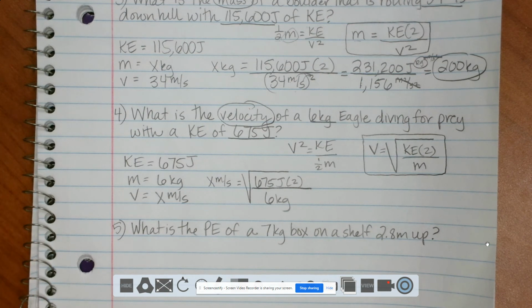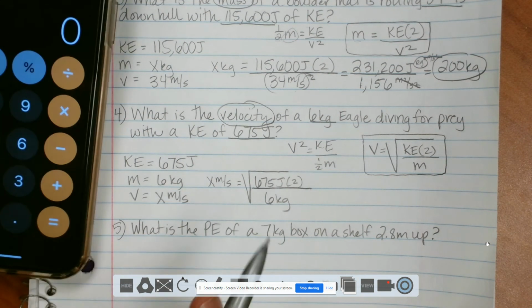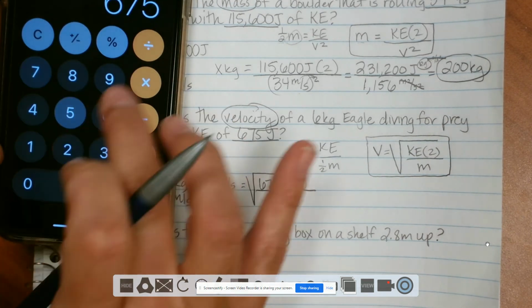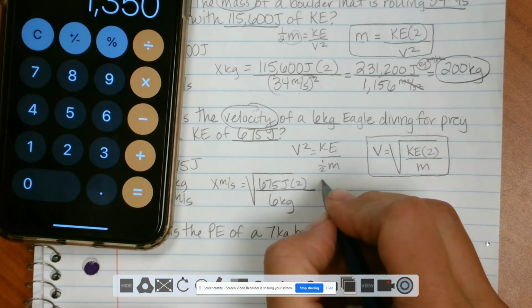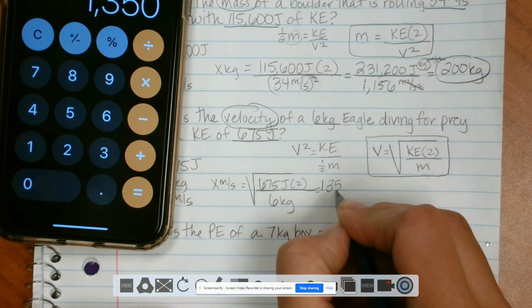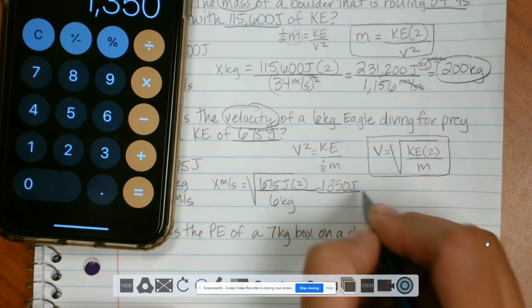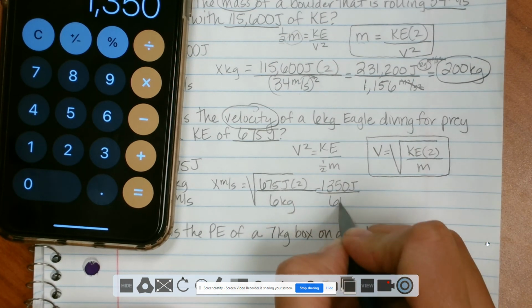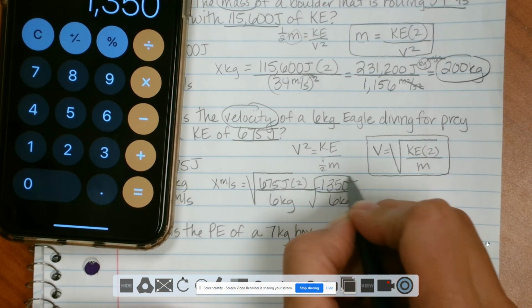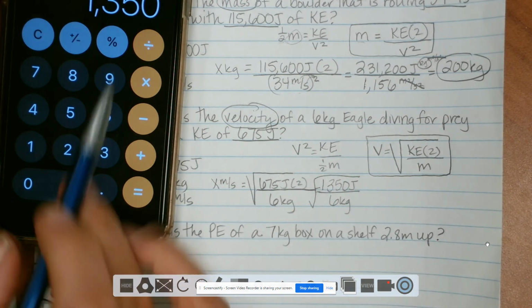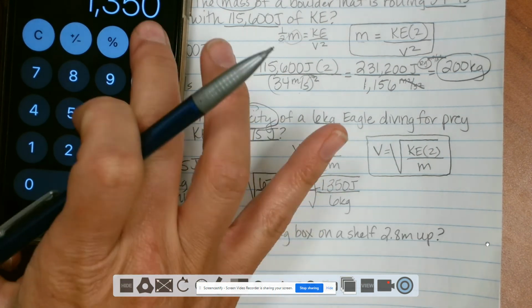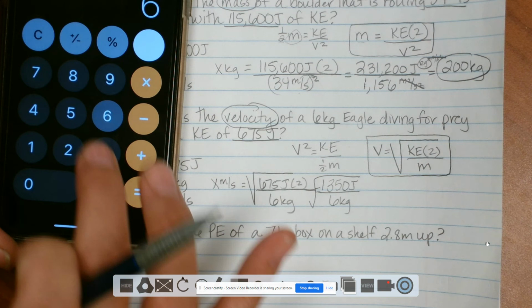That means I also have to do what's on top first before I divide. So I need to multiply 675 times 2, and that gives me 1,350 joules, dividing that by my 6 kilograms. And I'm going to bring over my square root sign because I still have to remember to do that.